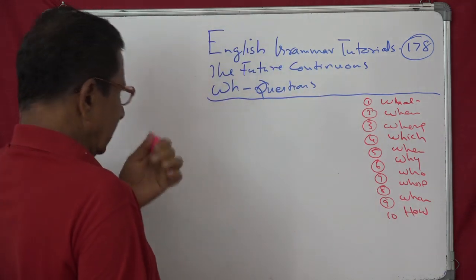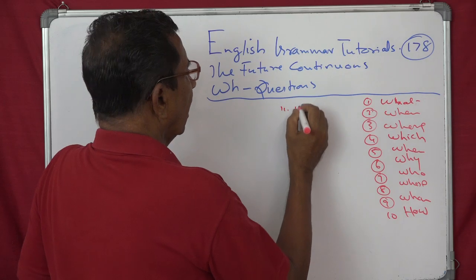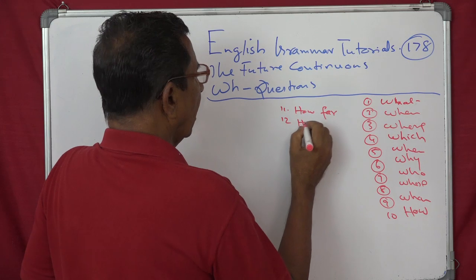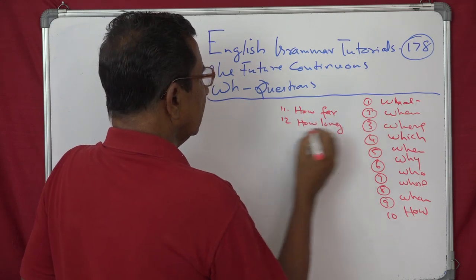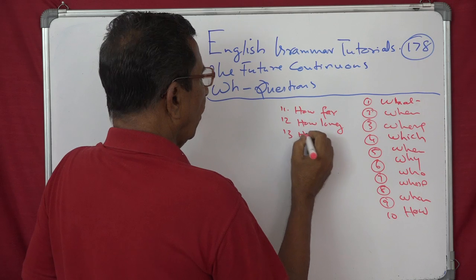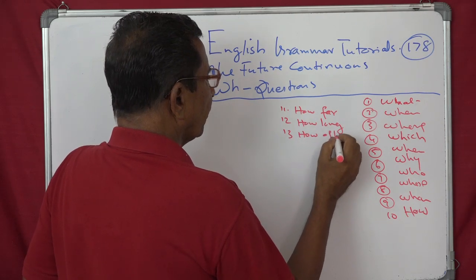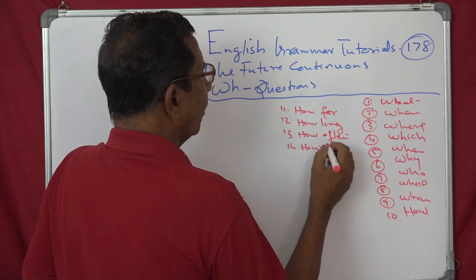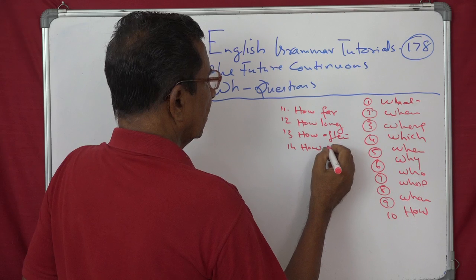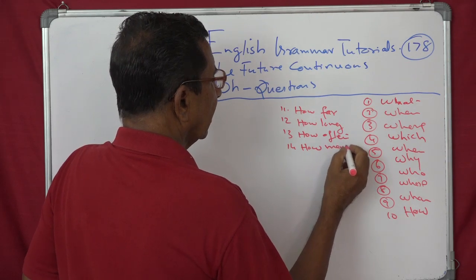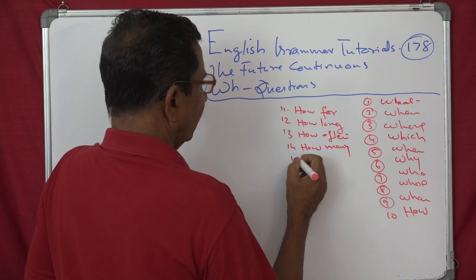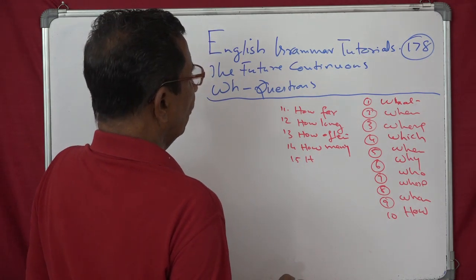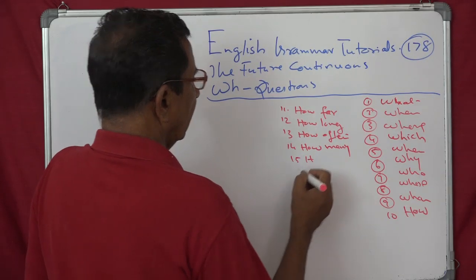And then we have what? 11 how far for distance, 12 how long for duration, 13 how often for frequency, and 14 how many for number, 15 and how much.